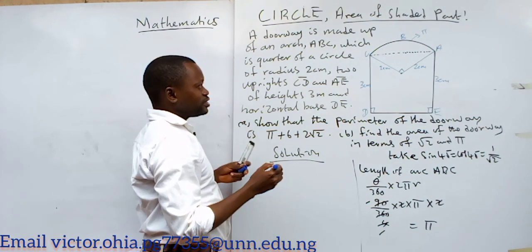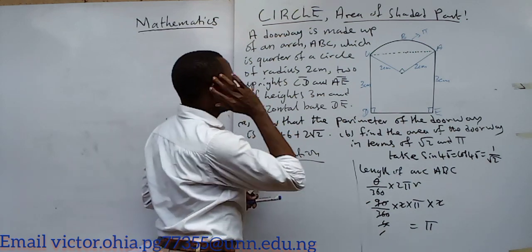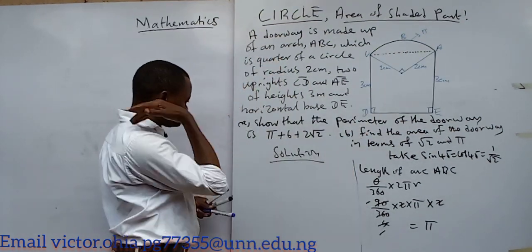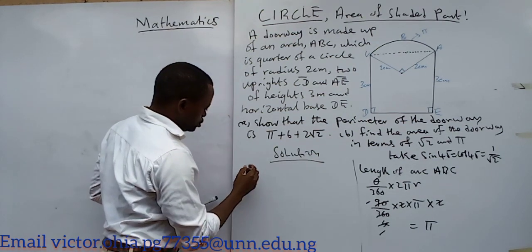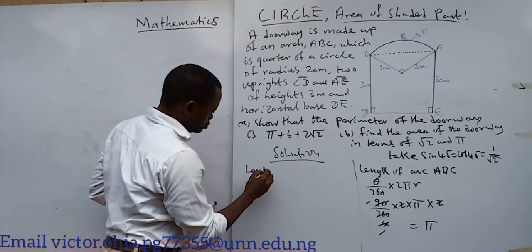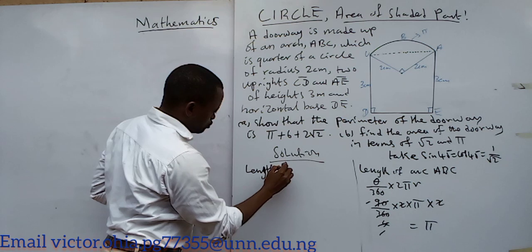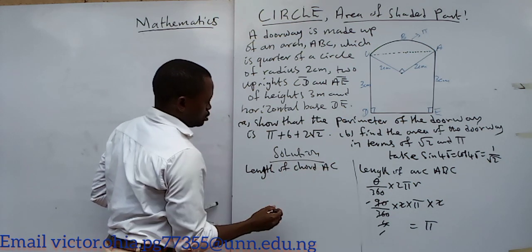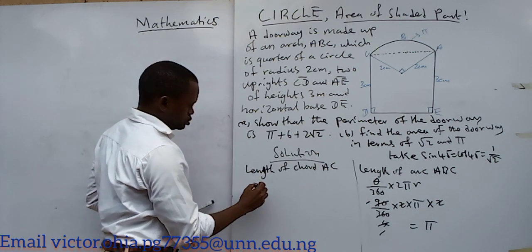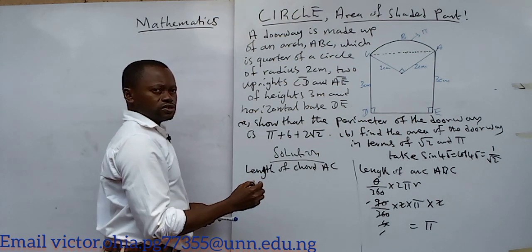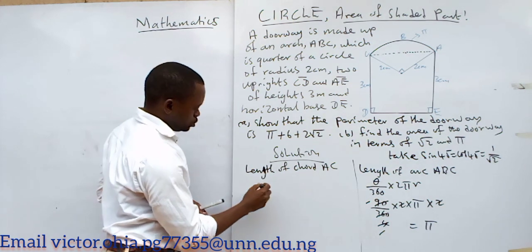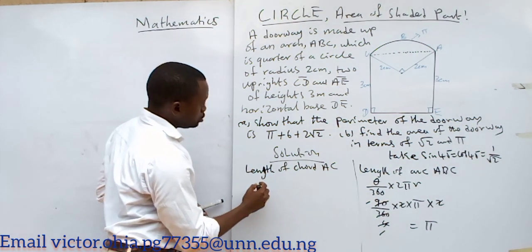Now we can come back and also calculate the length of this chord AC. So I can say length of chord AC. The formula we use to calculate the length of the chord when the angle at the center is given is 2r sine theta over 2. So we use it.